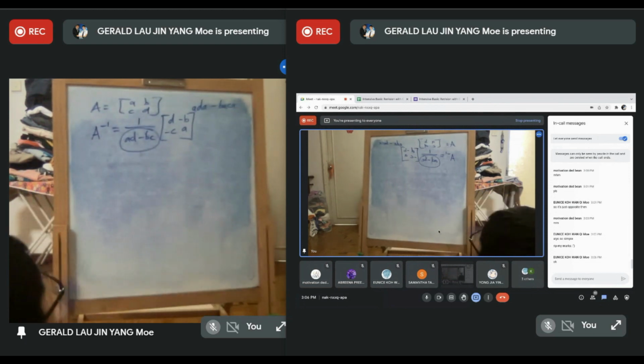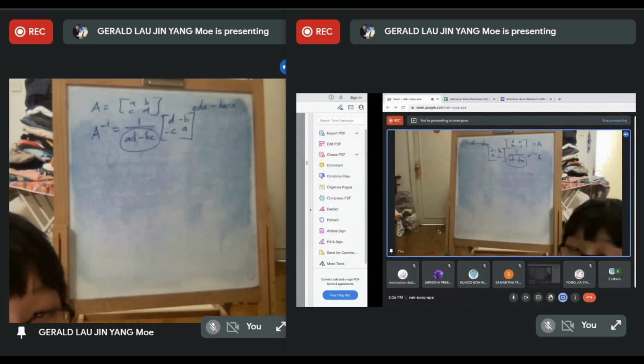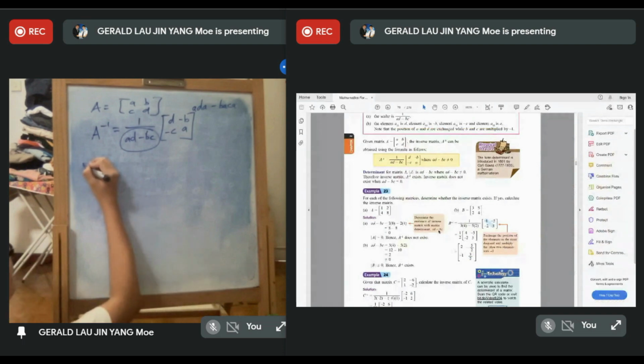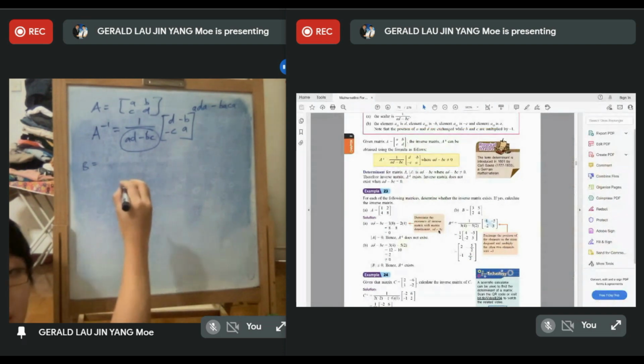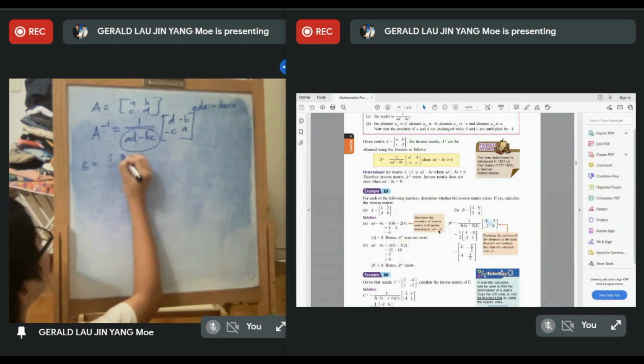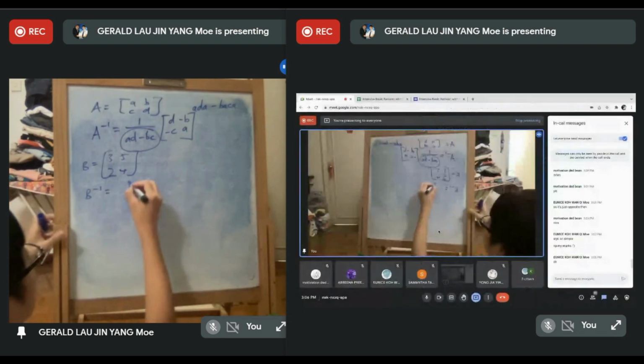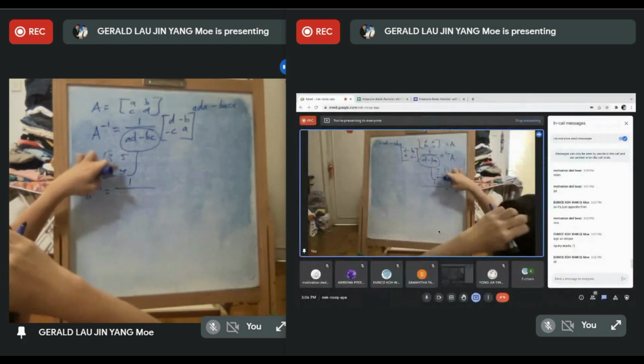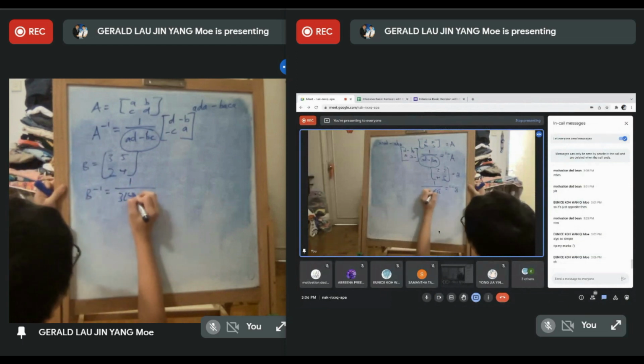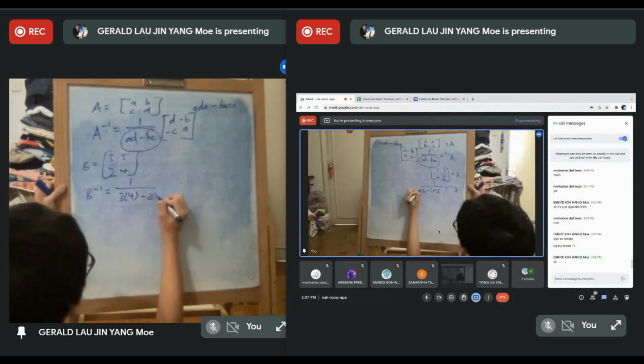Okay. So now we look at the example. So B equal berapa? 3524. Okay. Find the inverse matrix of B. So how again? Ikut formula 1 over AD minus BC. 3 times 4 minus 2 times 5.